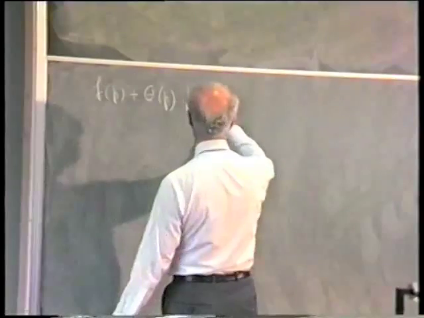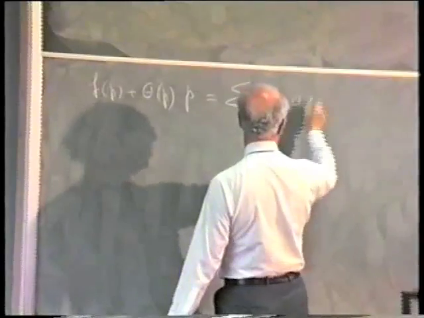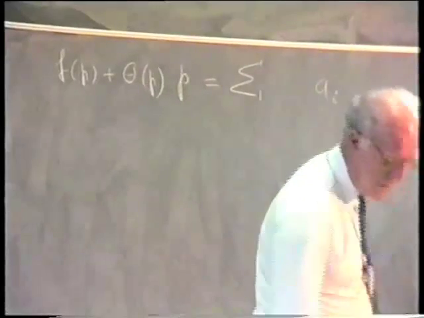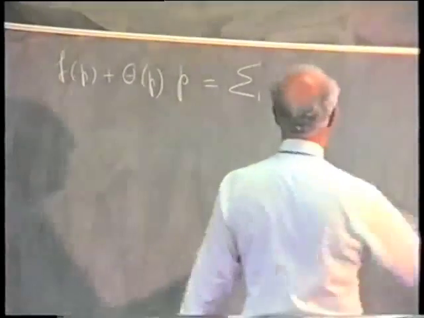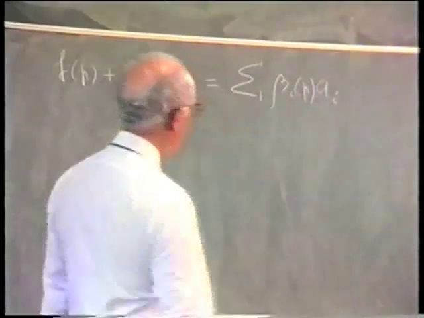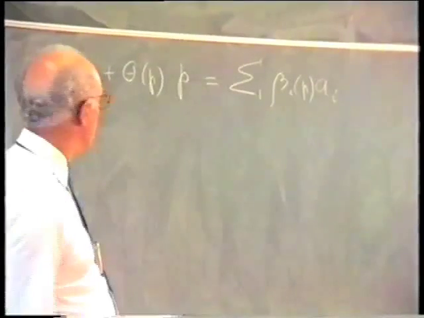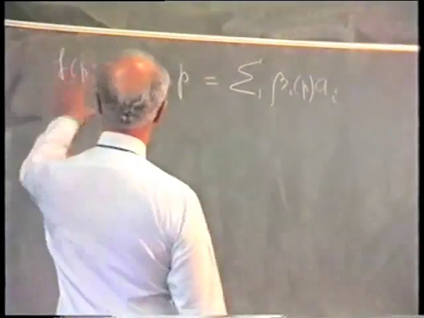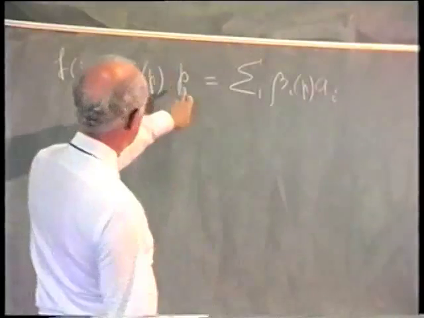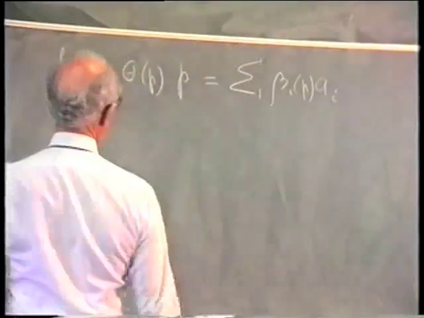Therefore, you can write it as the sum with the coordinate vectors a^i, and I will write the coordinates, let us say, beta i of P. And all those numbers beta i are continuous functions of P, and they are strictly positive. And if now you project this vector into the hyperplane, since P is orthogonal to the hyperplane, you obtain by projection 0 here.